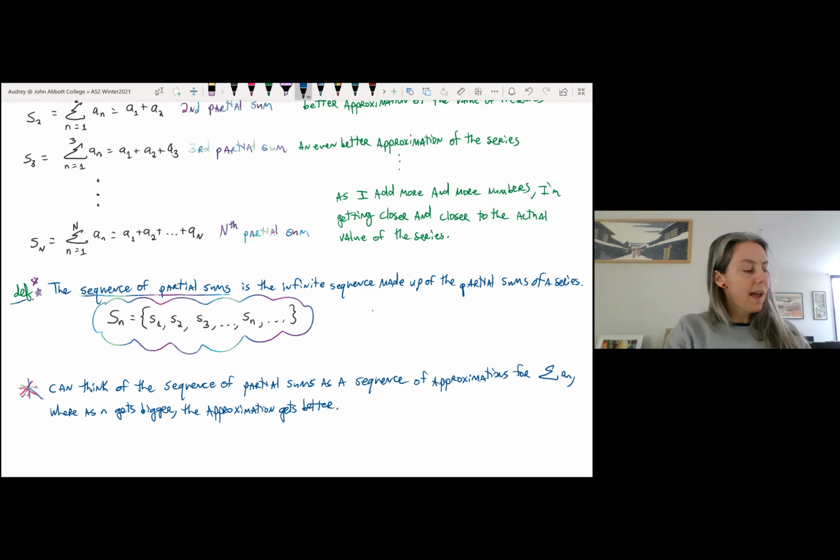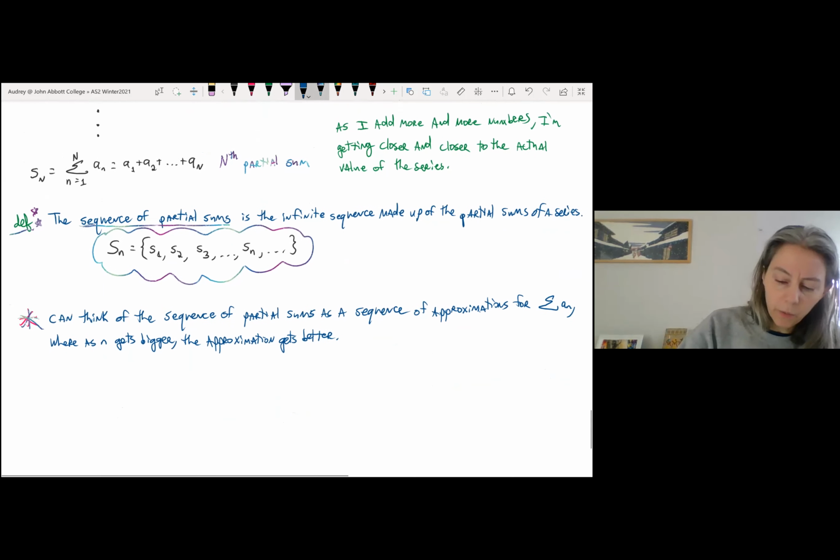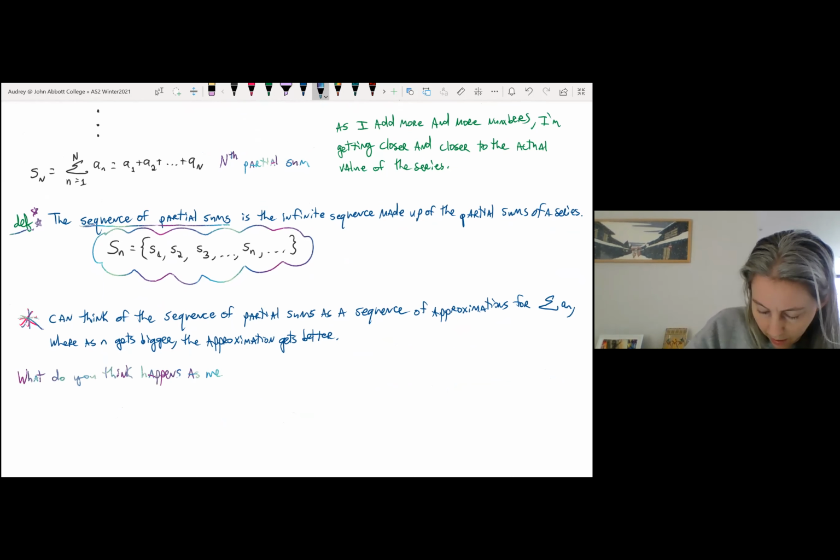Okay, so with that in mind, what do you think is happening to the sequence of my partial sums as we take the limit as n approaches infinity of S sub n?